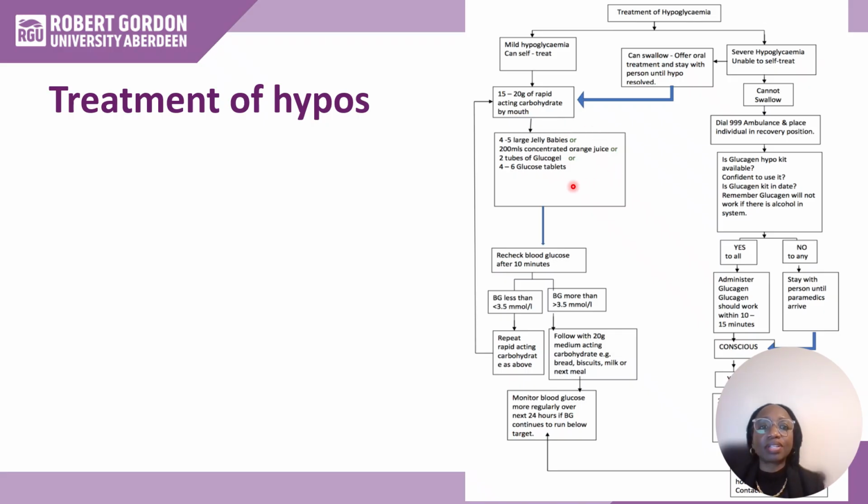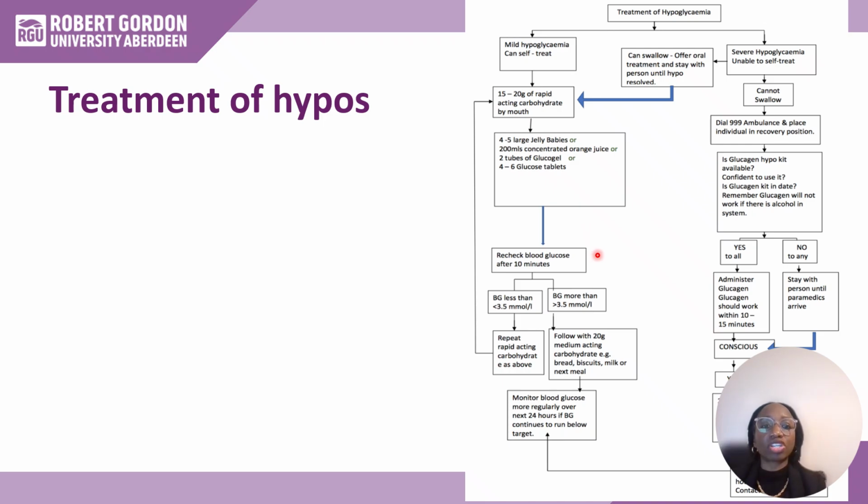This could be any of these here: 4 large jelly babies, 200 ml of concentrated orange juice, 2 tubes of glucogel, or 4 to 6 glucose tablets. Again, this is something people with type 1 diabetes are educated to have on their person in case this does happen to them, so that they can have a quick glucose uptake.